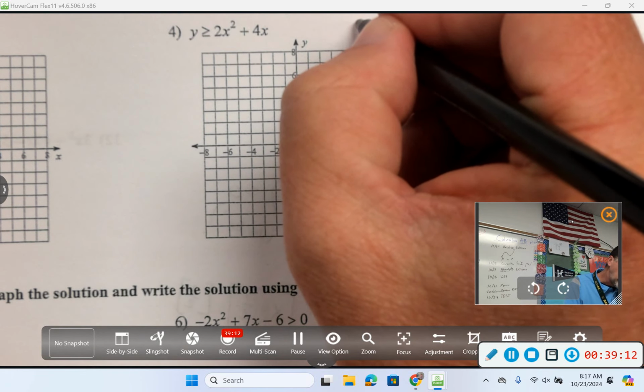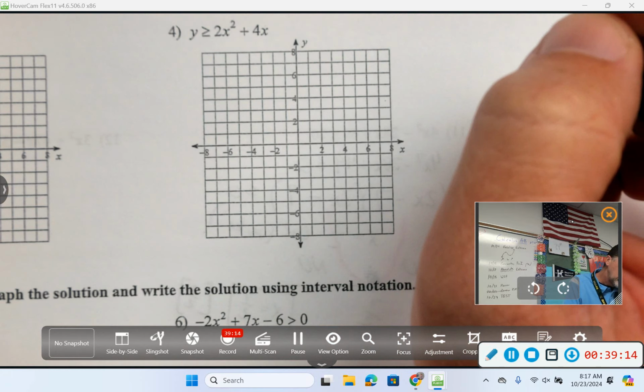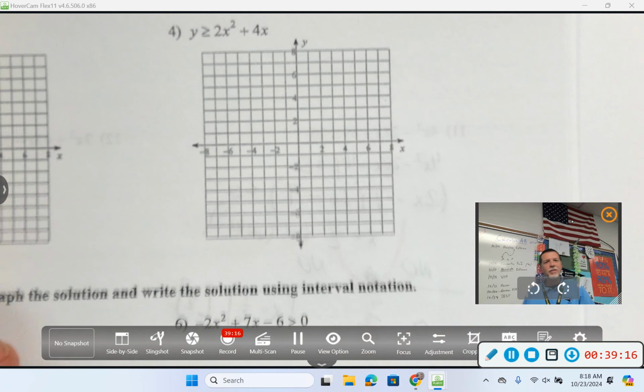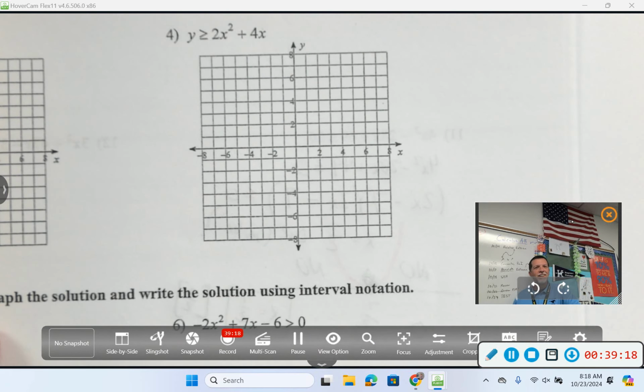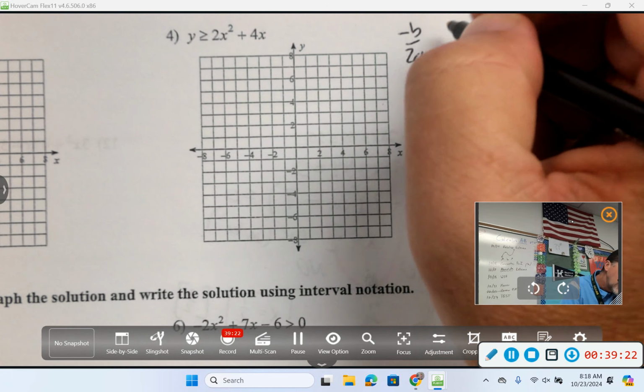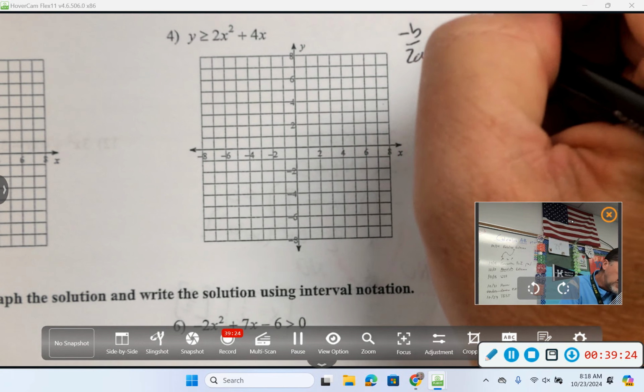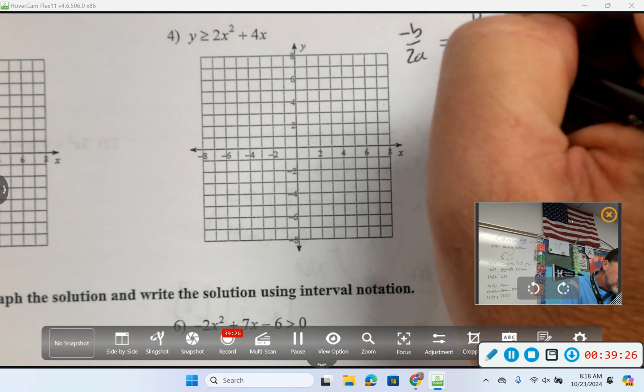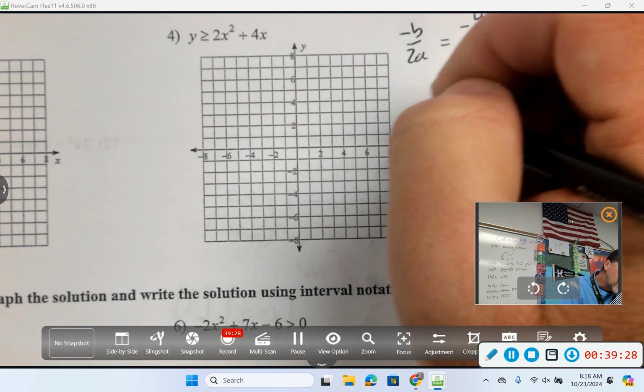So let's see. How do you want to do number 4? We've got options now. Okay. Negative b over 2a would be negative 4 over 2 times 2, which is negative 1. That's nice.